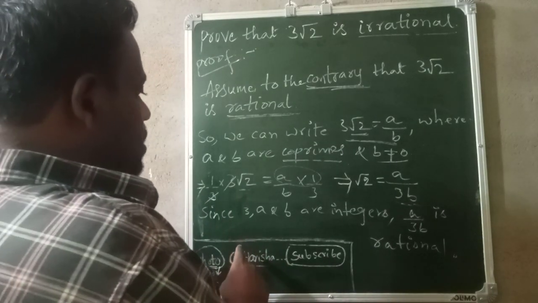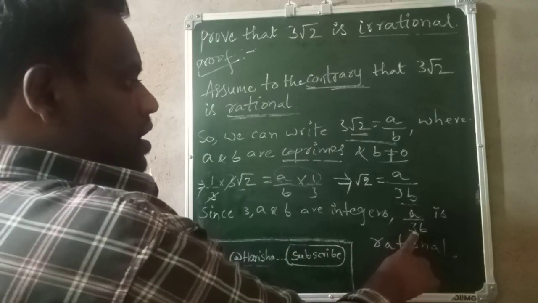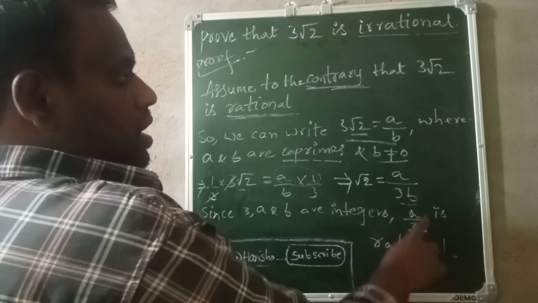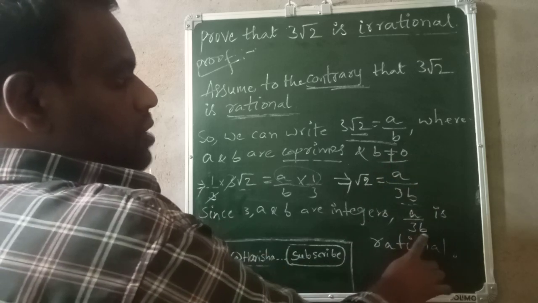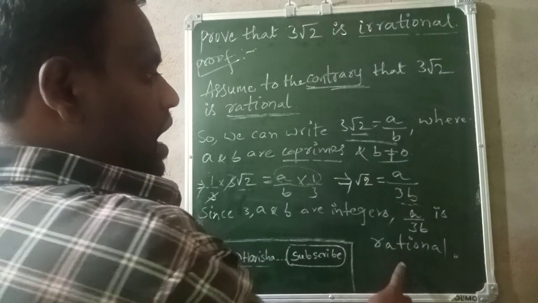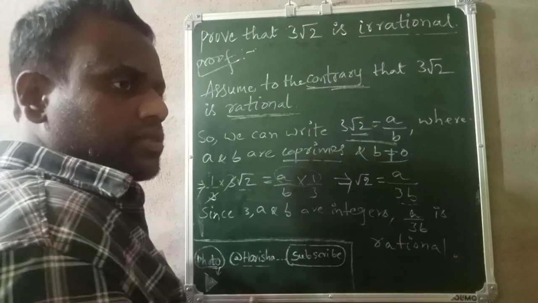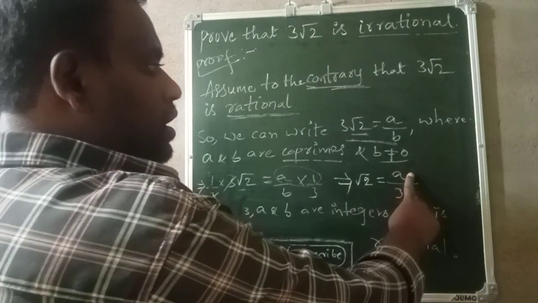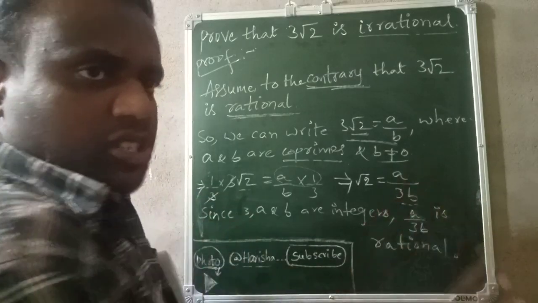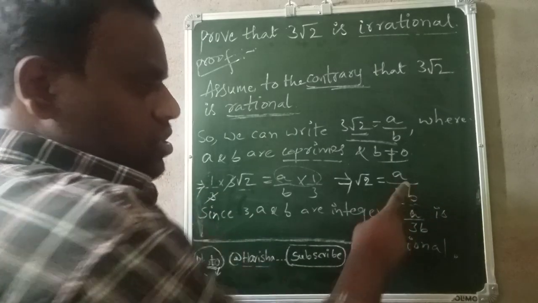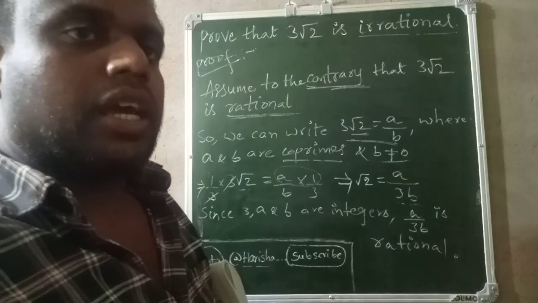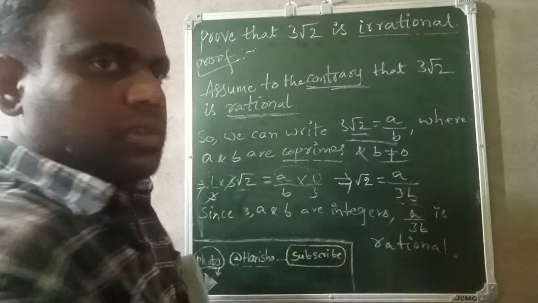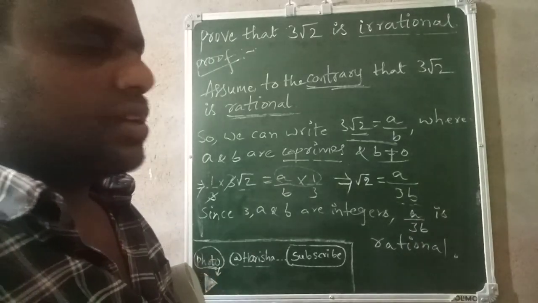So what it is saying: 3 is an integer, a is an integer, b is an integer, and b is not equal to 0, so 3b is also not equal to 0, and because of that it is a rational number. Remember, in general, if the numerator is an integer, the denominator is also an integer, and the denominator is not equal to 0, then whatever is there, this fraction form will be a rational number.